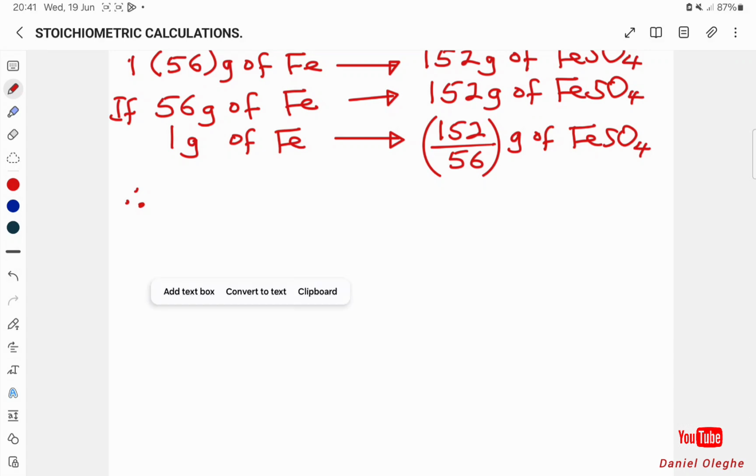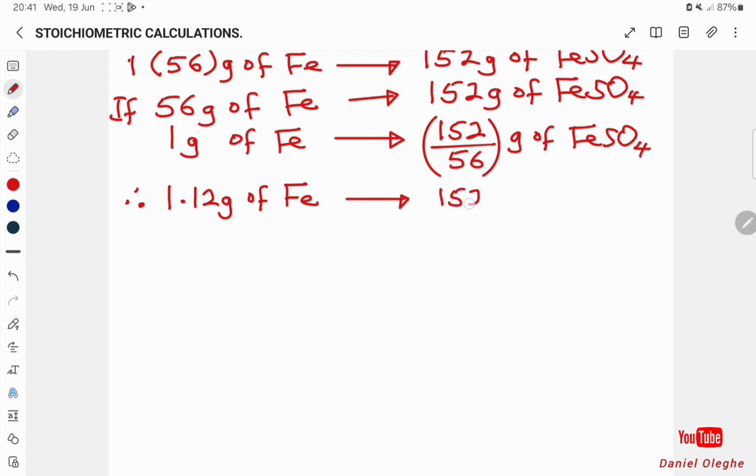If 56 gram of iron will produce 152 gram of FeSO4, and 1 gram of Fe will produce 152 divided by 56 gram of FeSO4, therefore 1.12 gram of iron will produce 152 divided by 56 multiplied by 1.12 gram of FeSO4.